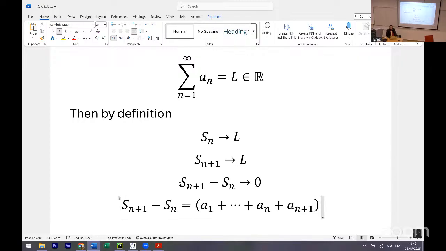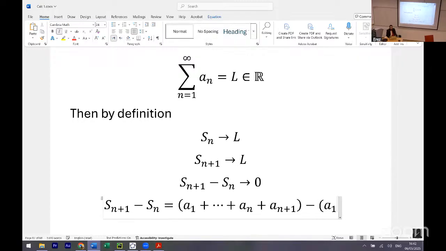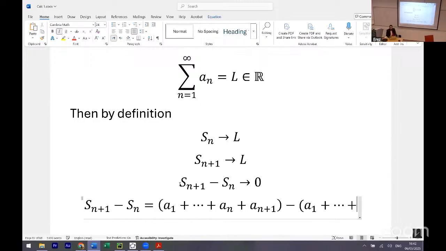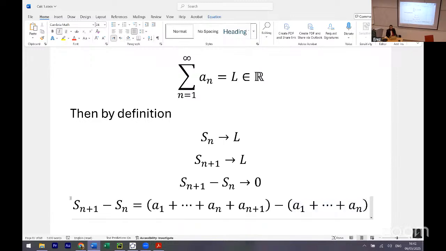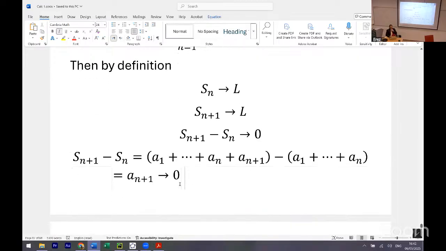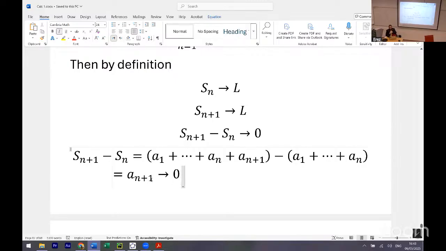You get only the last number, so that's an plus 1, and that tends to 0. And if an plus 1 tends to 0, then obviously an tends to 0. So if the series converges to a finite limit, it must tend to 0.